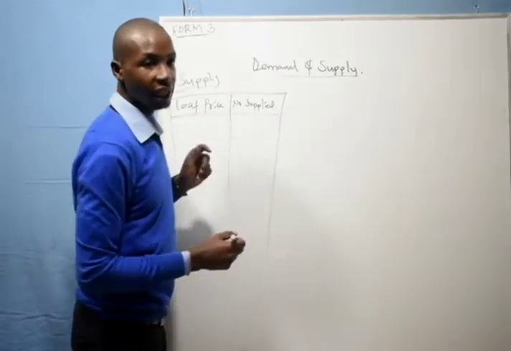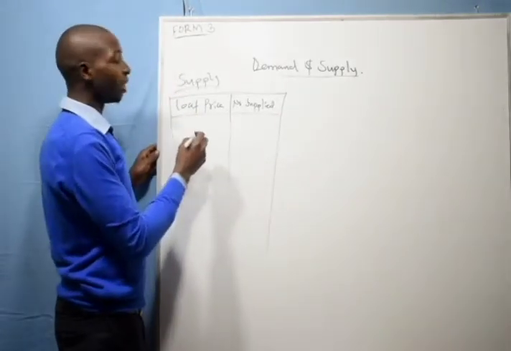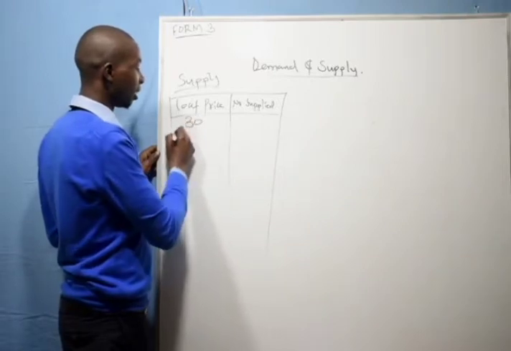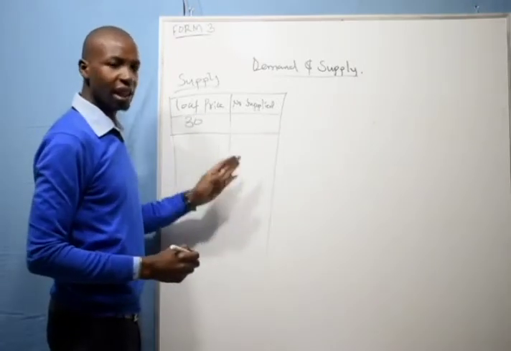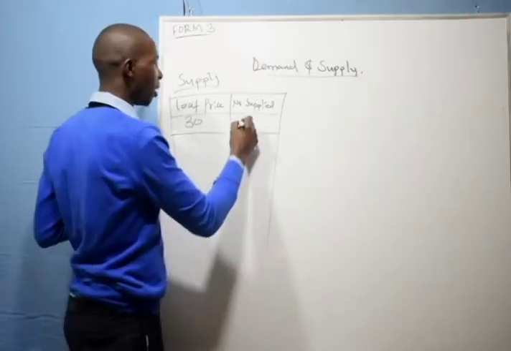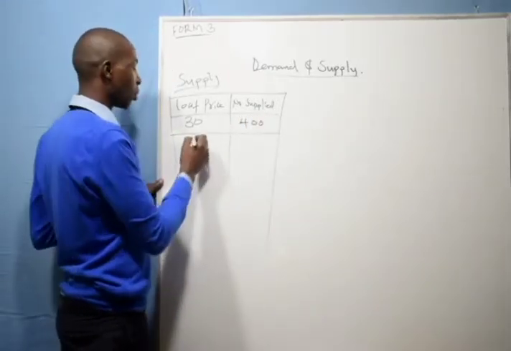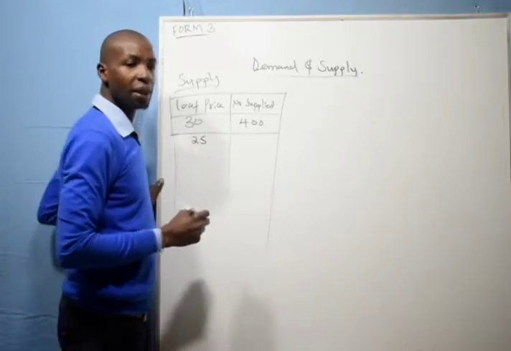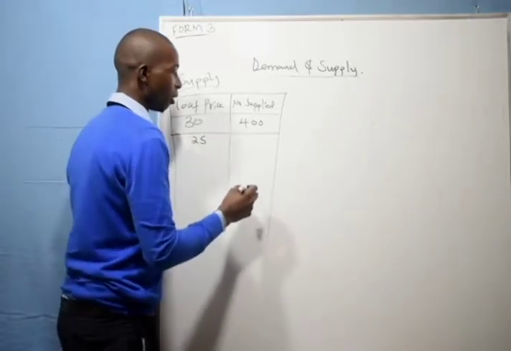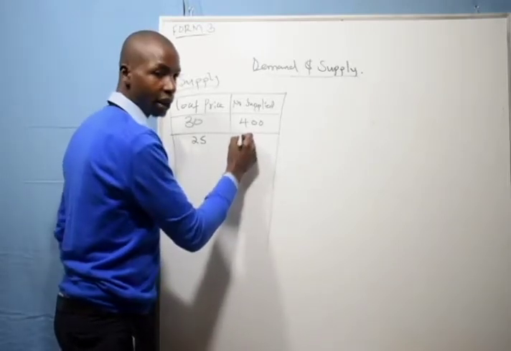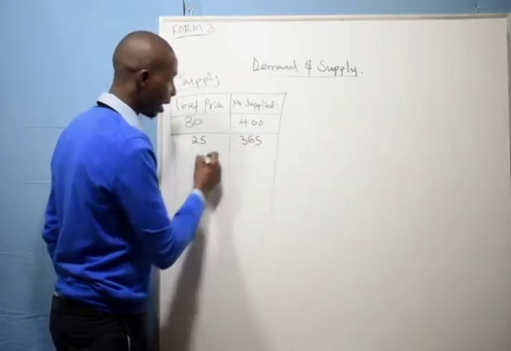So let's say the loaf is going at 30. The number supplied will be 400. What if the price goes to 25? The number supplied will be 365.